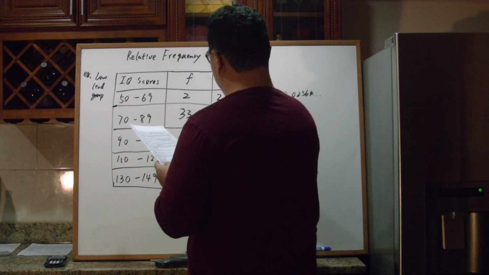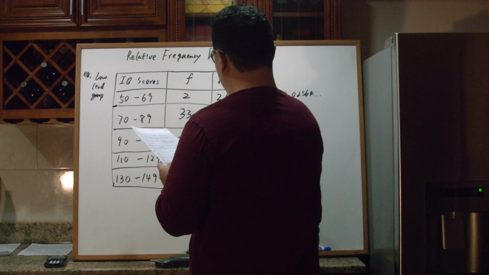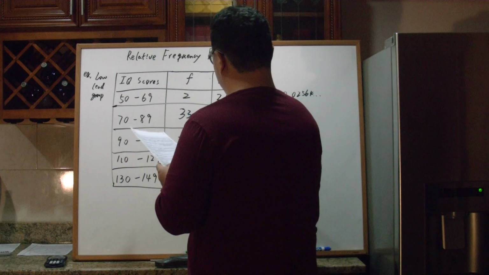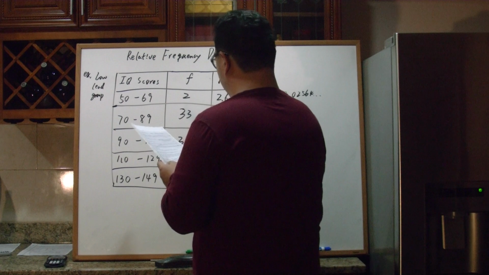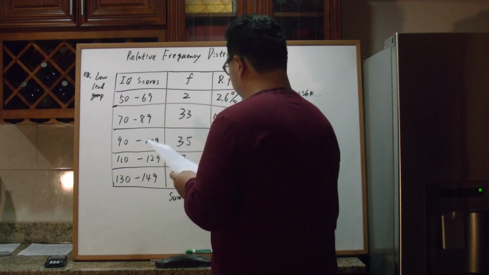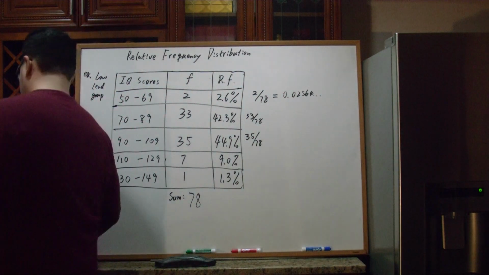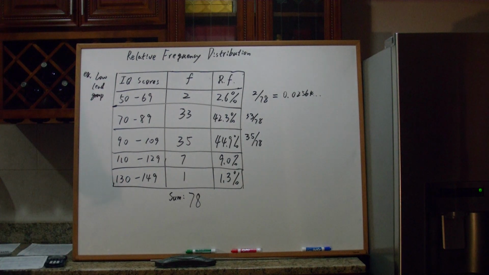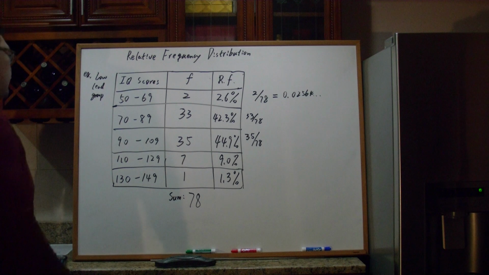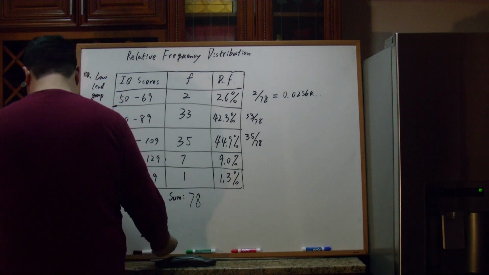That's 44.9%. 9.0% for the next, and 1.3%. Similarly, we just divide the frequency by the total and convert into a percentage. That's how we do the relative frequency distribution.